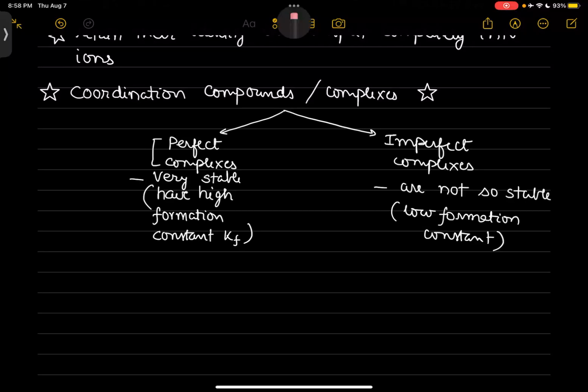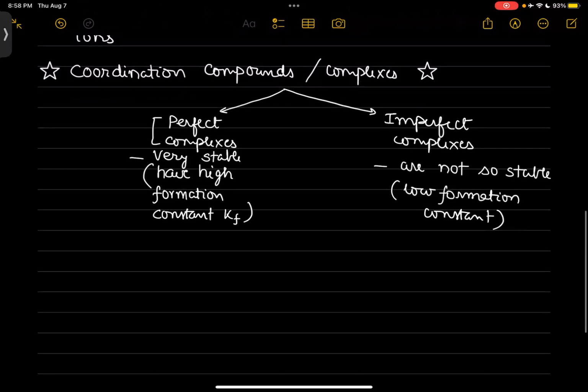So what's high formation constant? High formation constant means it is an equilibrium constant. You might have studied equilibrium in class 11th. Okay. So when you take two things, they form, and they have some equilibrium constant value.